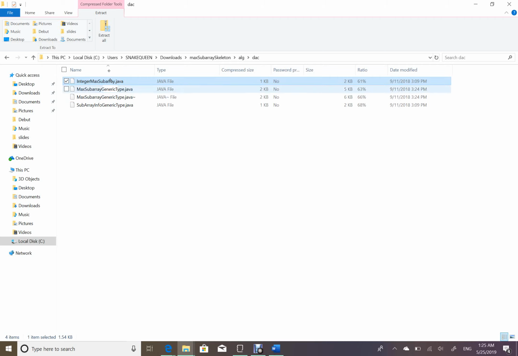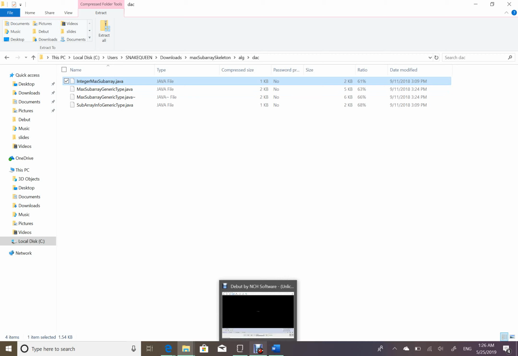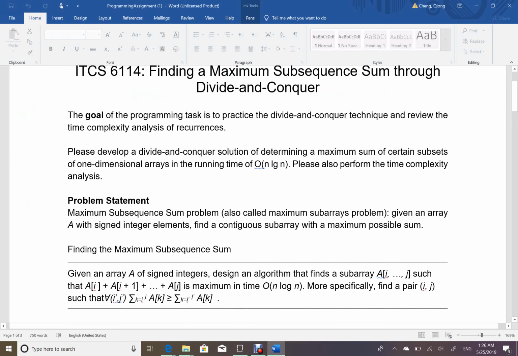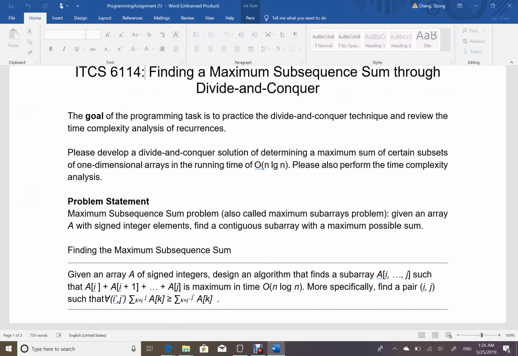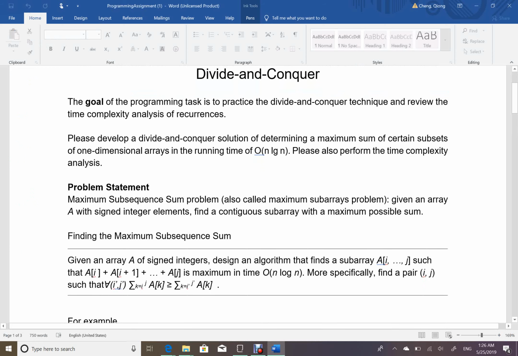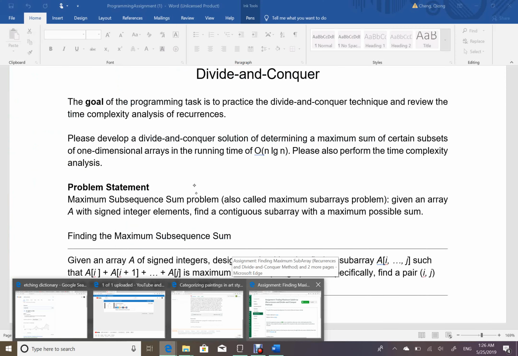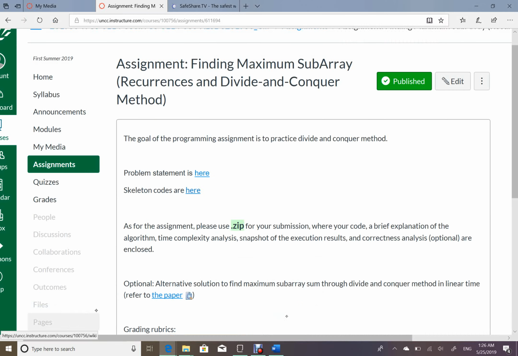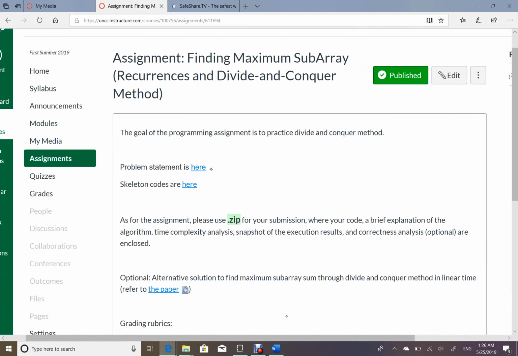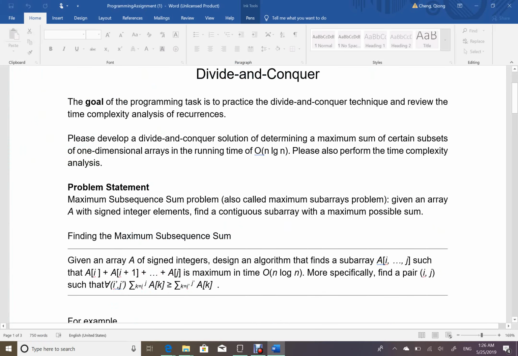So if you want, you can open it in your IDE tool. For me, I would like to explain what the finding maximum subarray sum problem is. Please open the file you downloaded from here.